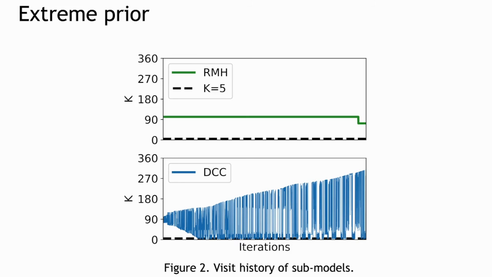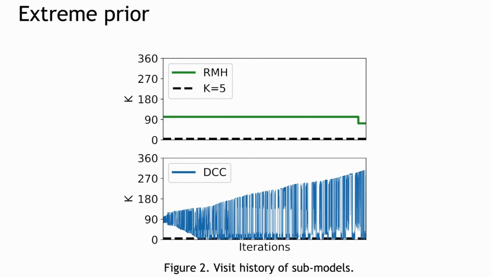We then use an extreme prior of the previous mixture model to test the ability of DCC to discover submodels with high posterior mass but low prior probability. The data have 5 clusters, but we set the prior of k to be Poisson 90. Here we're showing the visit history of each submodel between RMH and DCC.